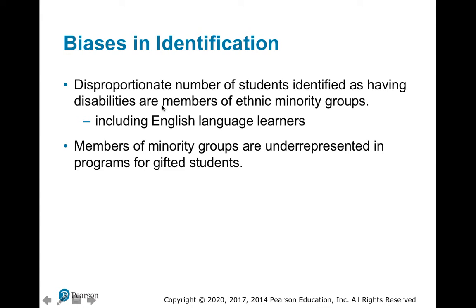So we must be very careful, and sometimes members of minority groups are underrepresented in programs for gifted students. Okay, kadang-kadang kita lihat ramai pelajar yang gifted, kita identify atau sekolah yang kita sediakan, ruang yang kita sediakan banyak untuk pelajar-pelajar daripada satu kaum saja, dan pelajar daripada kaum lain agak kurang. So kita kena avoid bias.